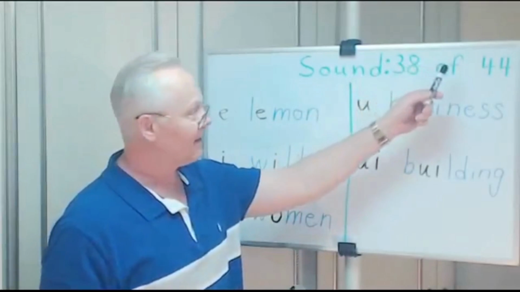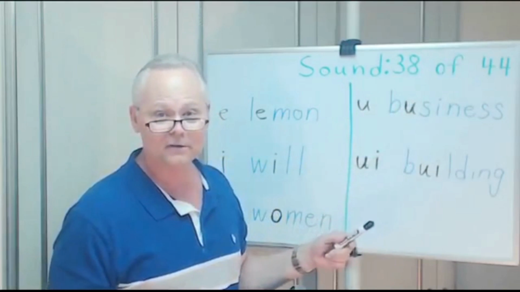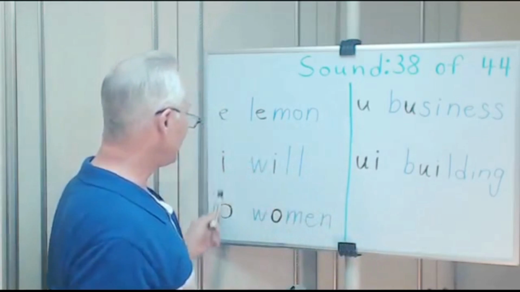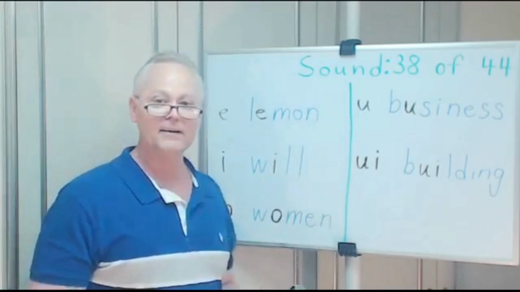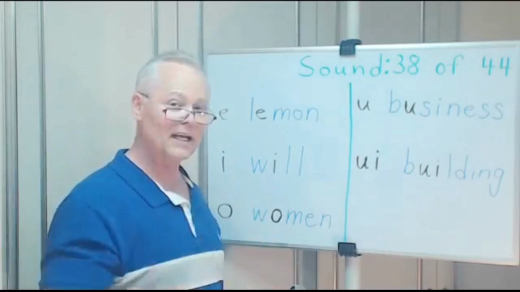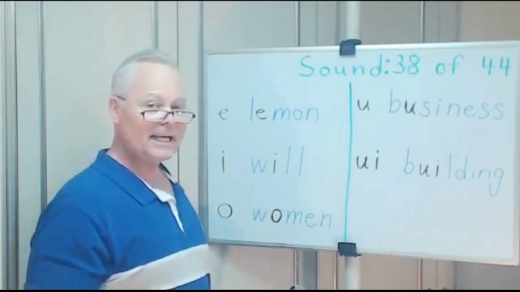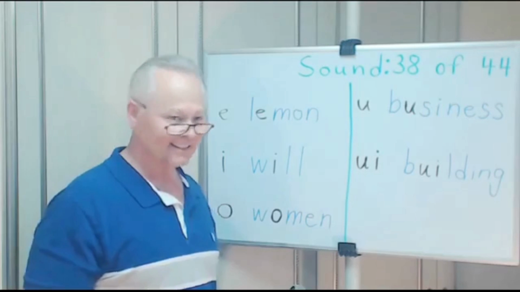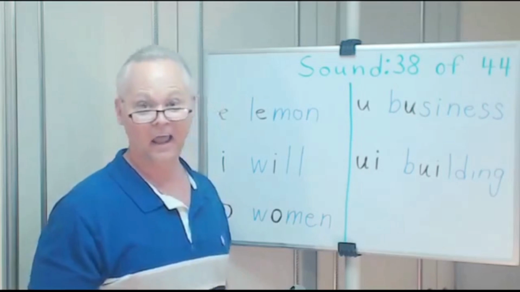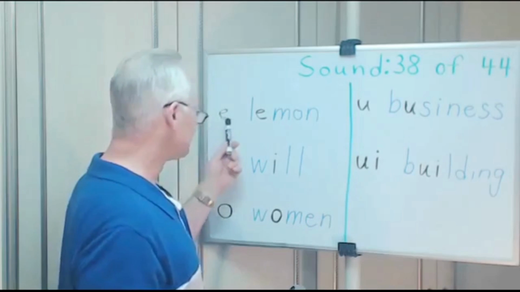Sound 38 of the 44 sounds of American English. Here we have 5 letter and letter combinations for one little old sound. Now, what do you think that sound is? Could it be eh? Okay.